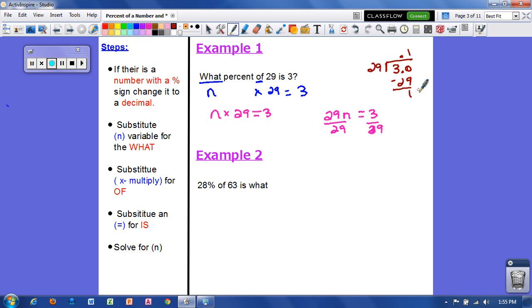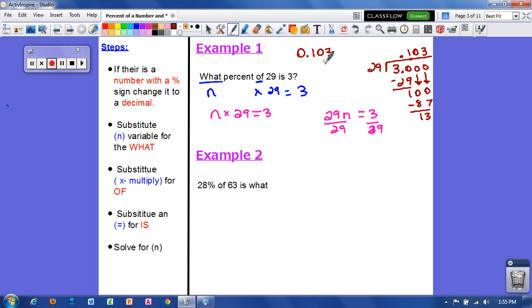I get a remainder of 1, so I'm going to add on a 0. 29 cannot go into 10, so I have to put a 0. 29 can go into 100 3 times, and 29 times 3 is 87, with a remainder of 13. I am just going to stop there.